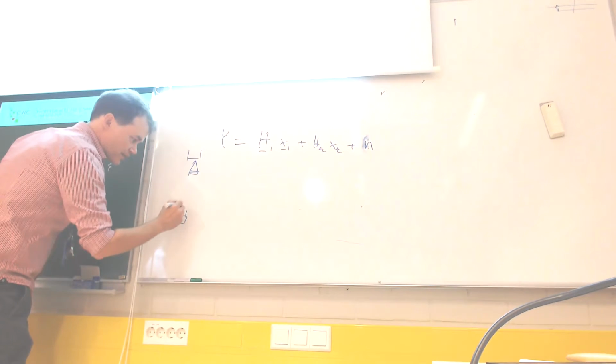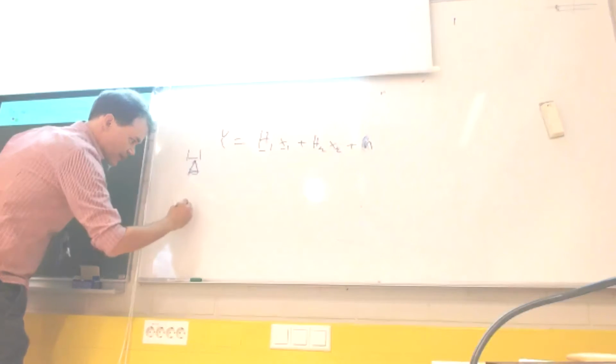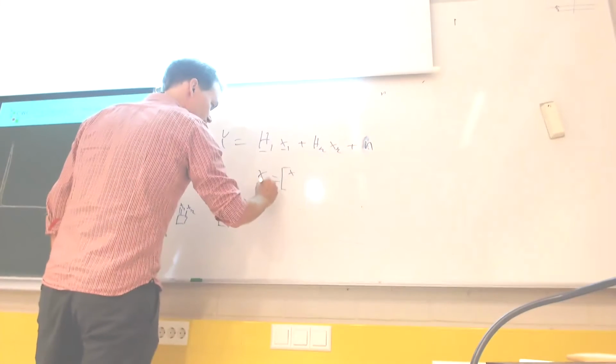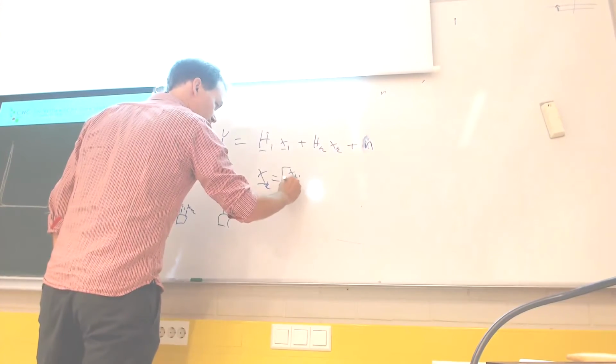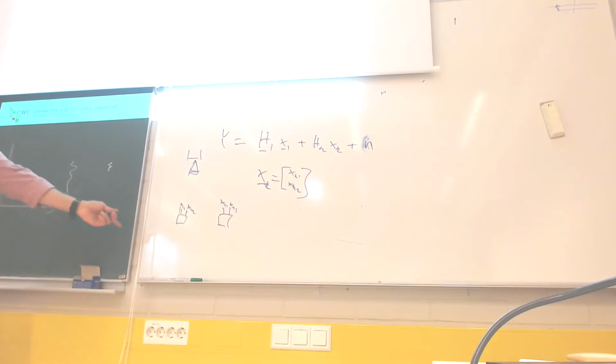So the x vector basically is x_1,1 from here, and then x_1,2 from here, x_2,1, x_2,2. And the x vector is simply stacking x_k1, x_k2. In this particular case, we have two transmitters.